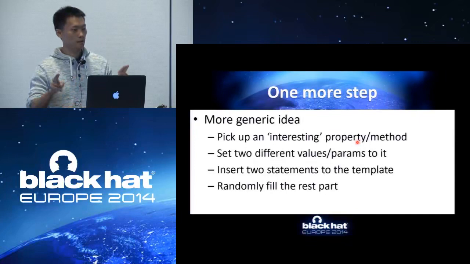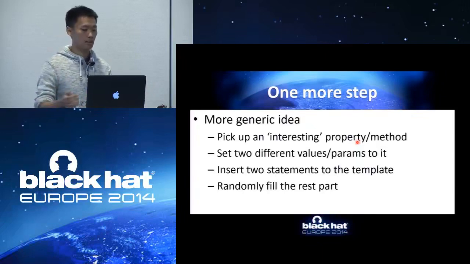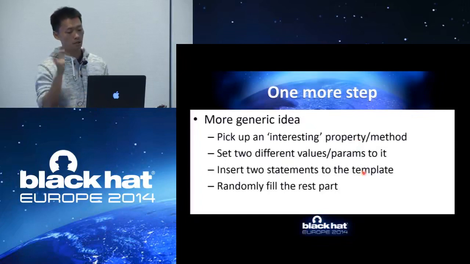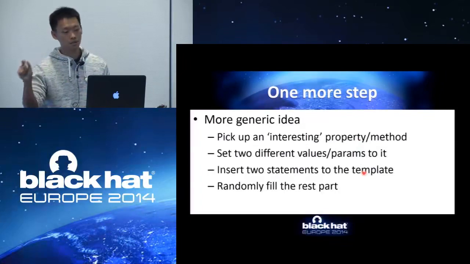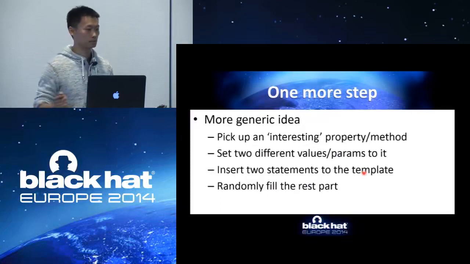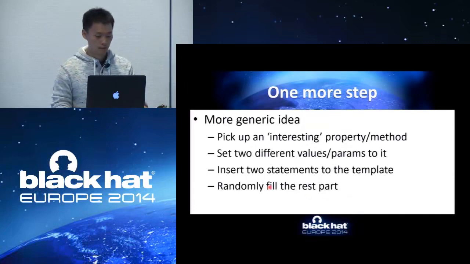Or 2 methods doing contrary things, method A and method B, that's a third pair. We collect those pairs and save them into a list, randomly pick a pair from that list, put it into the template, and fill the rest randomly. This enhancement also did well.